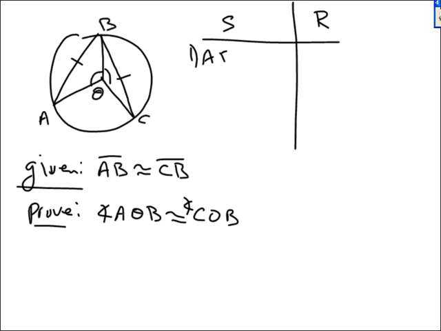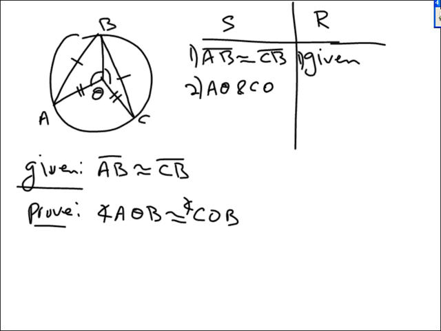So statements and their reasons. 1, the length of AB is the same as the length of CB. And this, of course, is given. Now number 2. This is very similar to the last problem. AO and CO are equal. Of course, they're both radii of the same circle.